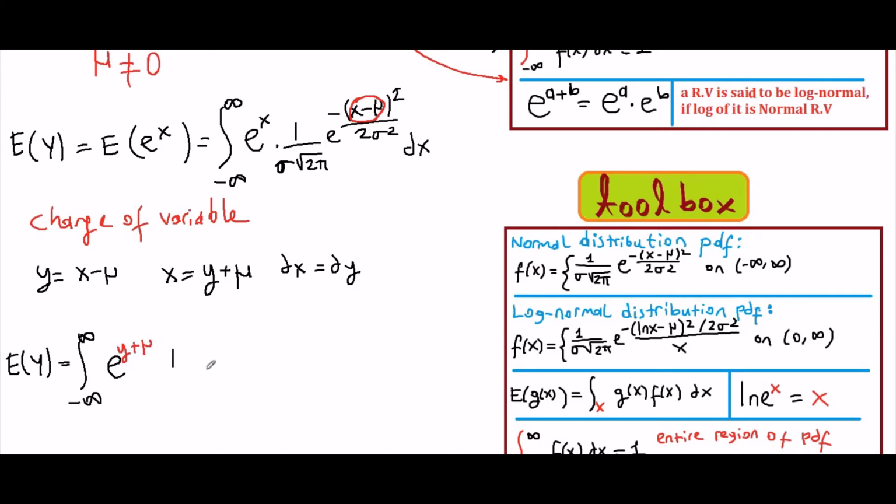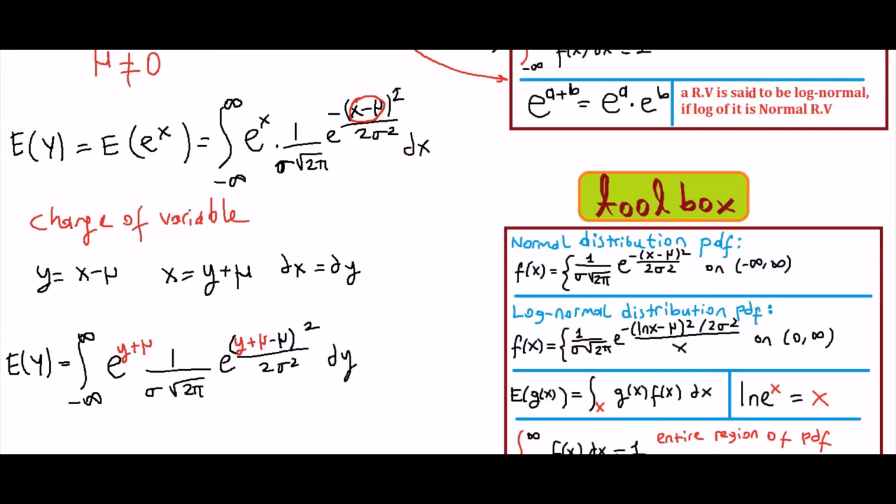And we have 1 over sigma times square root of 2 pi, and e to the, instead of x, we write again y plus mu, and we have negative mu here, quantity squared over 2 sigma squared. And instead of dx, we're going to write dy.